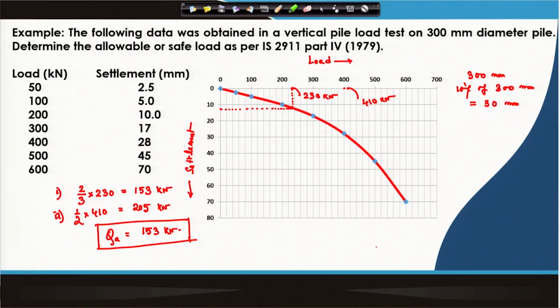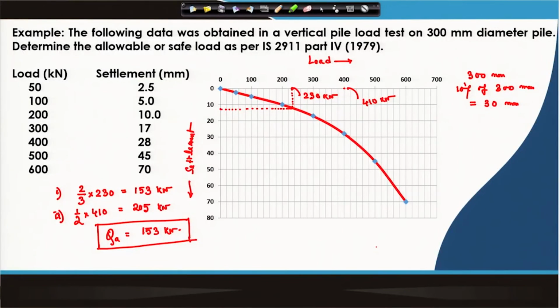In the next class, I will discuss how we can generate this type of load settlement curve analytically by using equations, not by the load test, because we have the soil properties and, based on those properties, we will try to develop a load settlement curve for a pile in a particular soil.